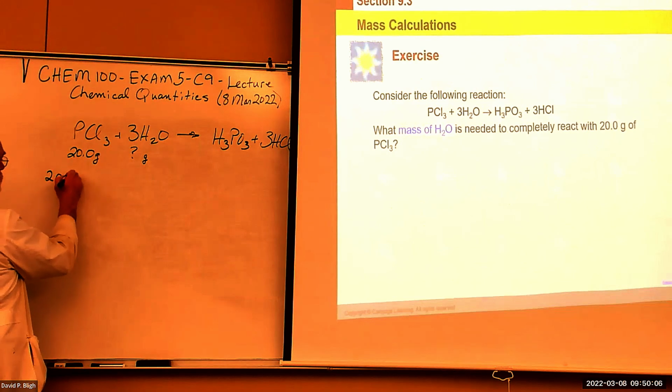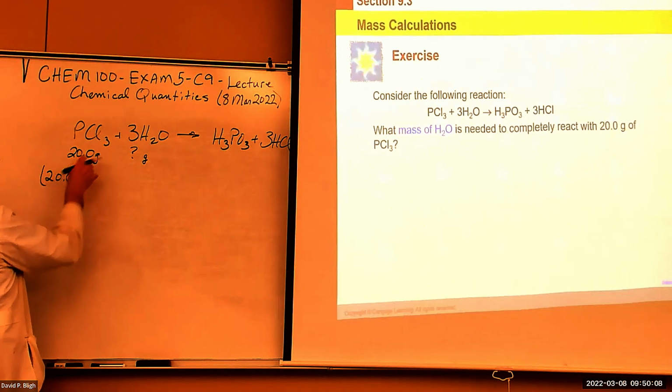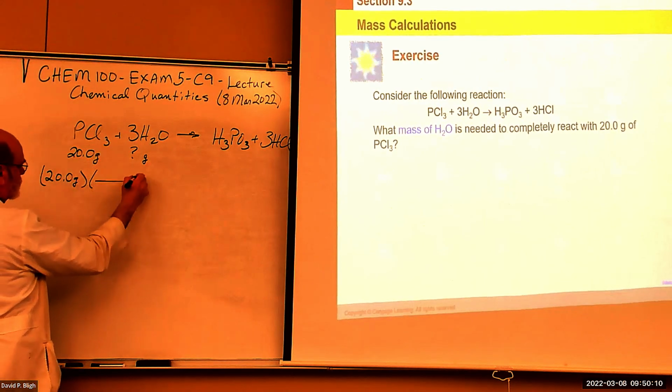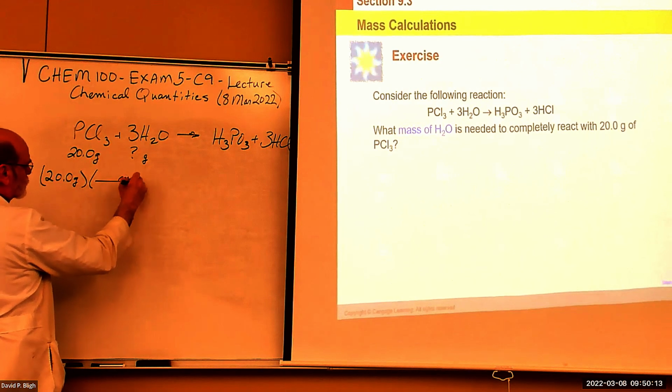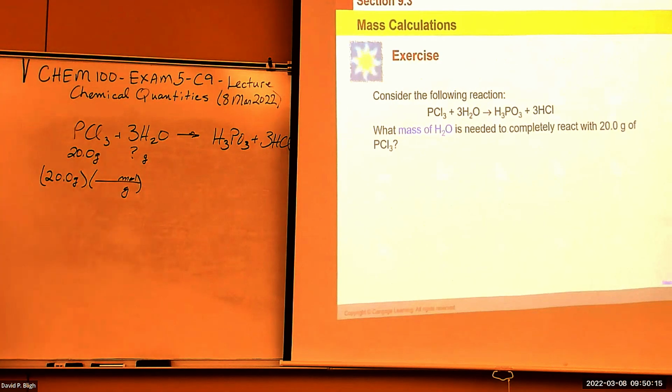So we would convert 20 grams of this to so many moles. We just need the molar mass. Let's see, phosphorus is 30.97. And then chlorine is 35.45 each times 3. And then add those together. 137.32.